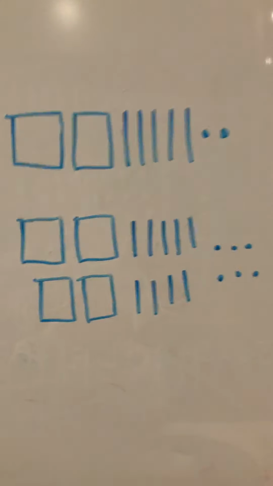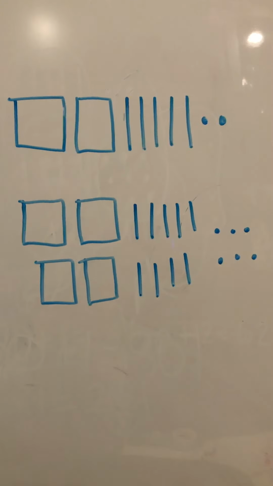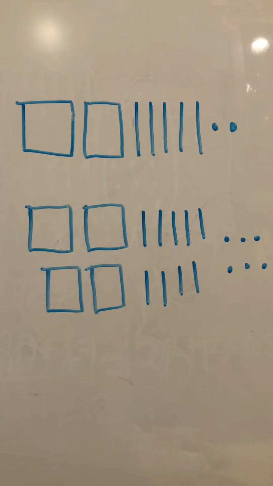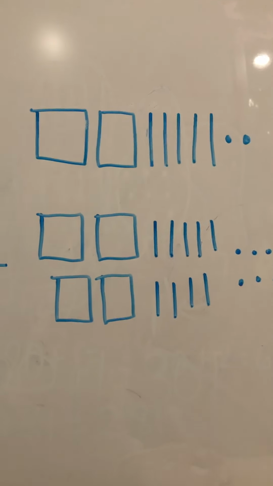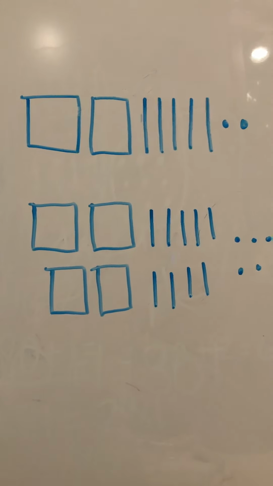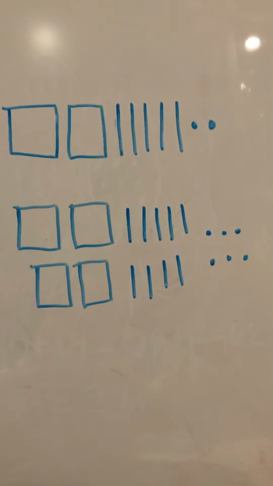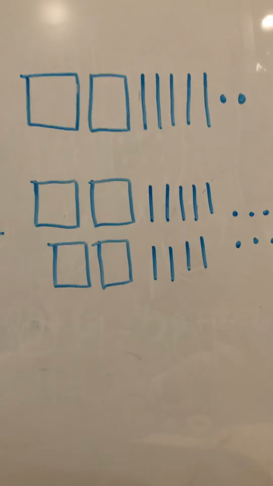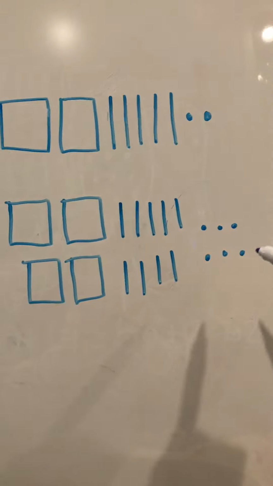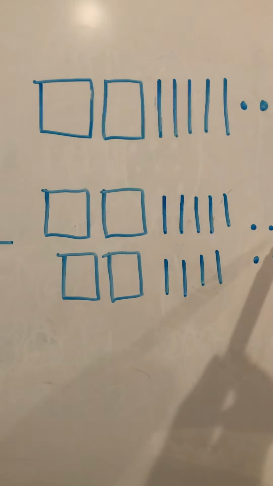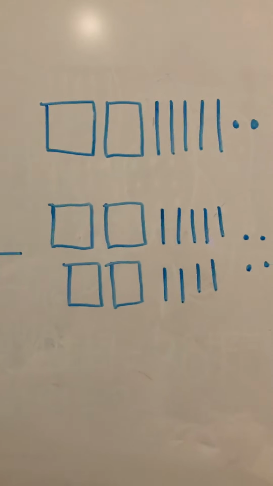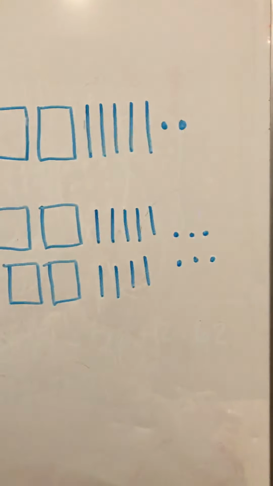Then we're going to look at our picture and we're going to see if we can do any grouping. Remember, grouping, we could have 10 ones or we could have 10 tens. So we're just going to go through and we're going to see if we can group anything. Our ones, it looks like we only have 1, 2, 3, 4, 5, 6, 7, 8. So we can't do any grouping there.